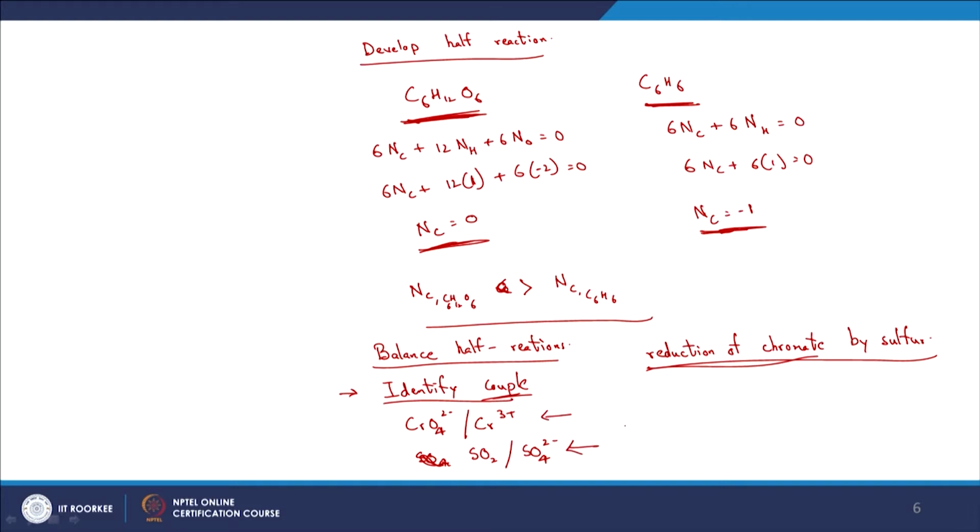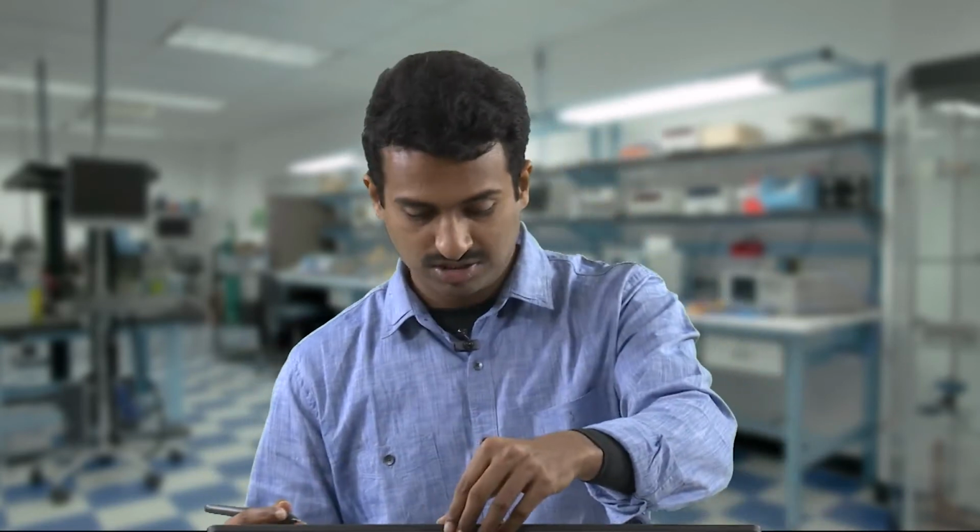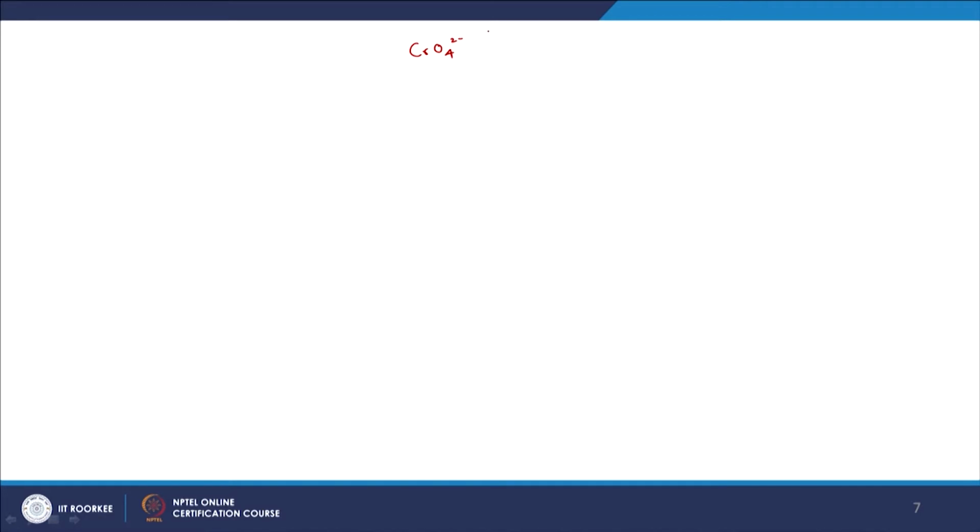Here again we need to identify the relevant couples. Because we know that it's reduction of chromate by sulfur, with some background you can know that CrO4 2 minus will be reduced to Cr3 plus, and SO2 will cause this particular reduction while being oxidized itself to SO4 2 minus. So let's list this up: CrO4 2 minus and Cr3 plus, and SO2 to SO4 2 minus.